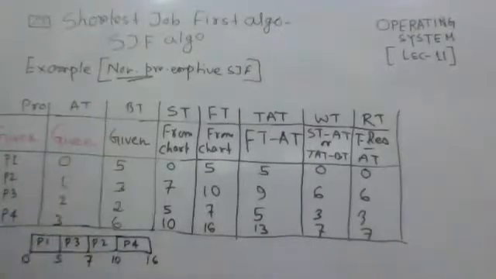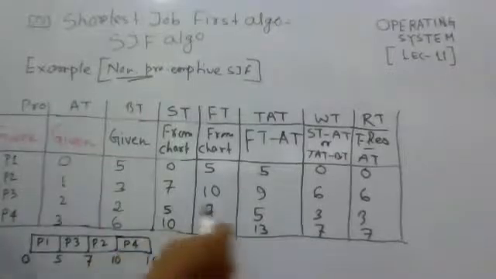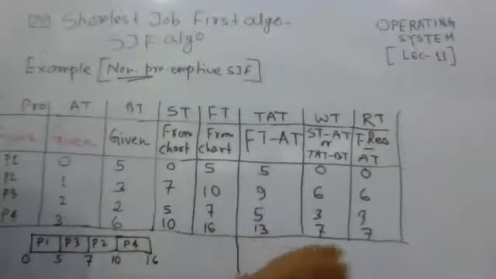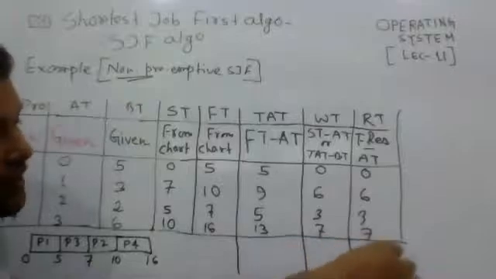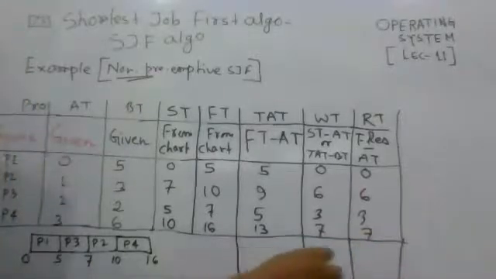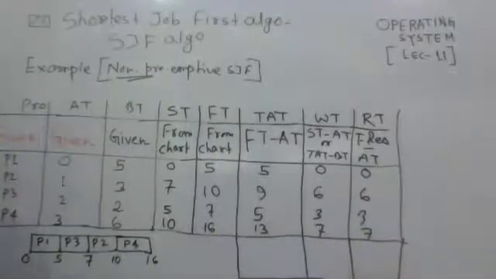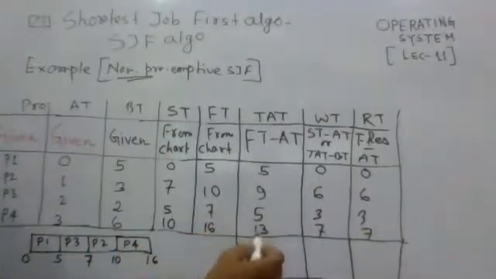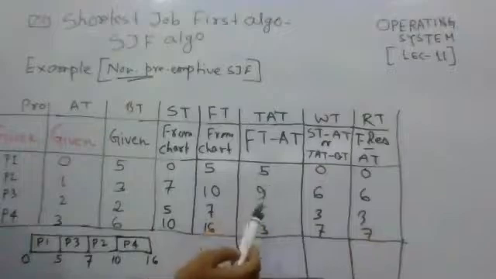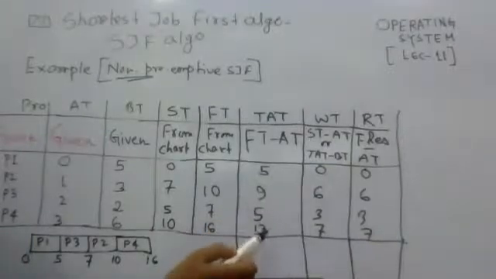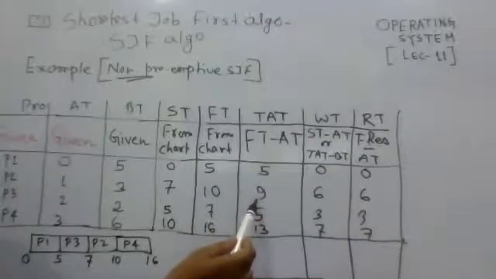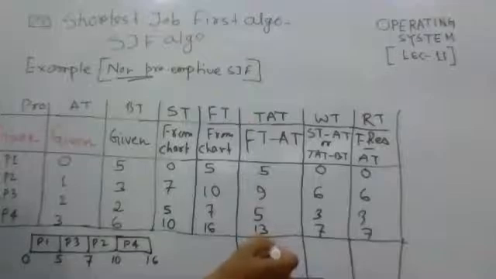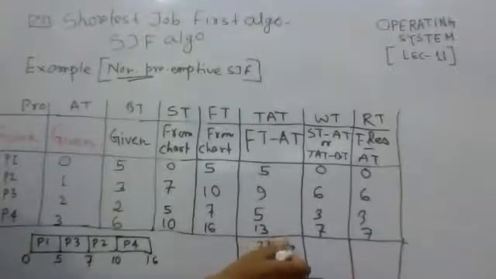So here we have to calculate the average turnaround time. The average value of turnaround time is 13 plus 5 plus 9 plus 5, that is 18, 23 plus 9, 32. 32 by 4 is 8.